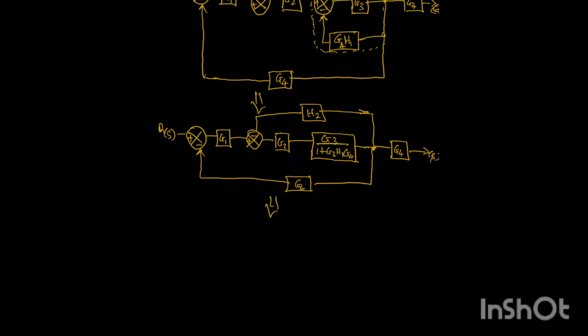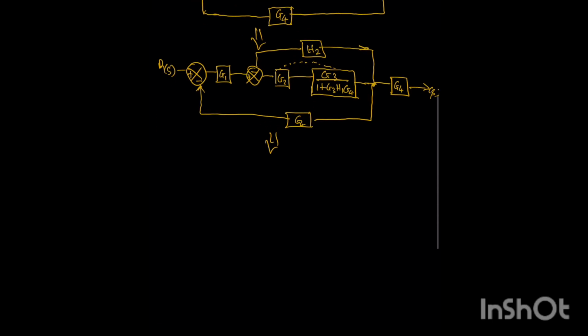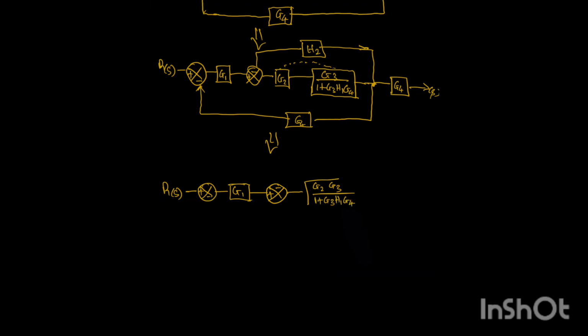You can see these two blocks are in series. So we'll combine them in series. So we will have R of x plus minus G1, plus minus, we'll be having G2 G3 all over 1 plus G3 H1 G4.